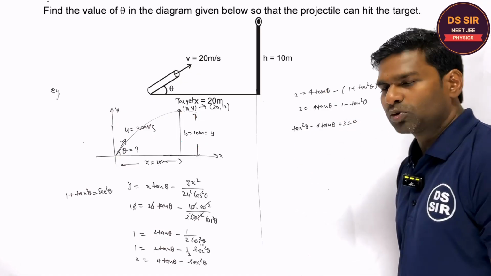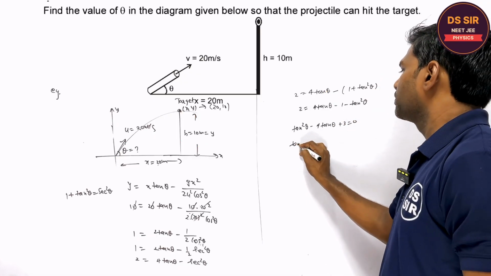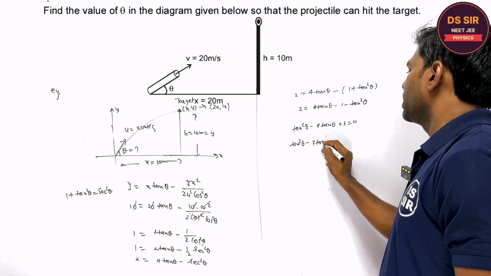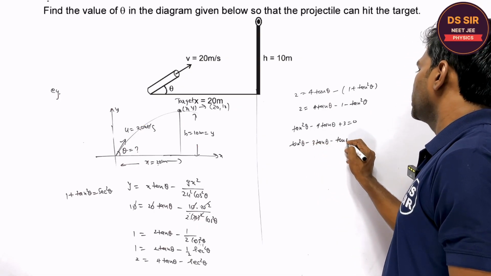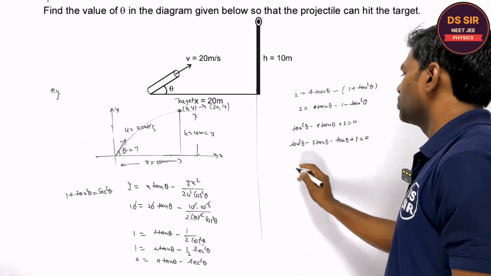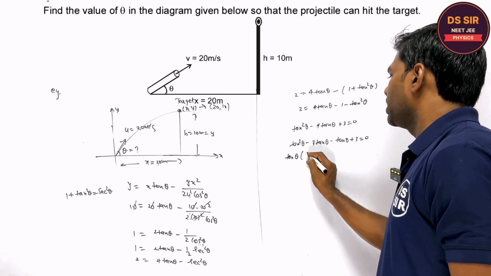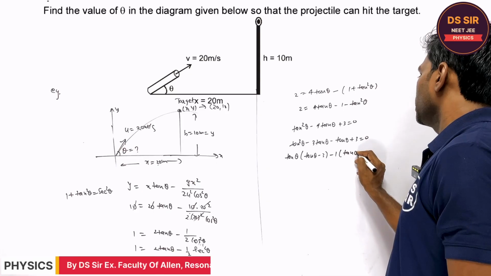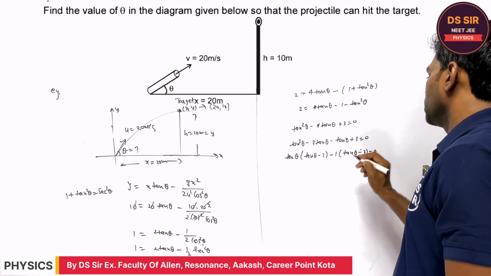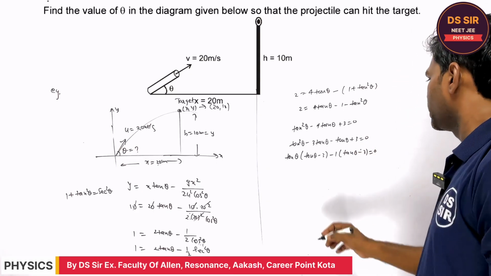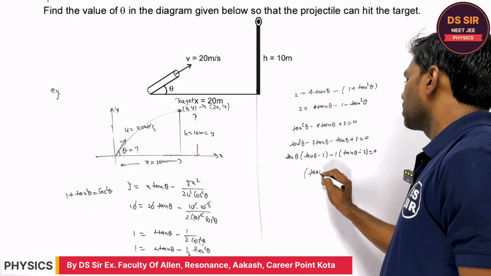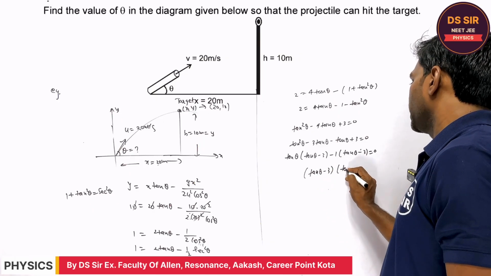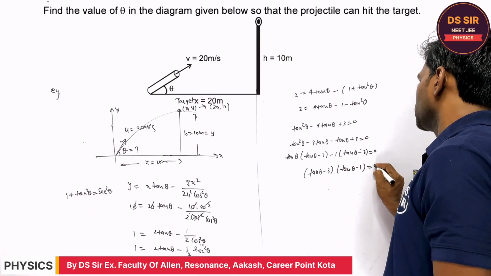Now simplify this quadratic equation: tan square theta minus 3 tan theta minus tan theta plus 3 is equal to 0. Tan theta is common, tan theta minus 3 tan theta minus 3 is equal to 0. All right, so tan theta minus 3, tan theta minus 1 is equal to 0.